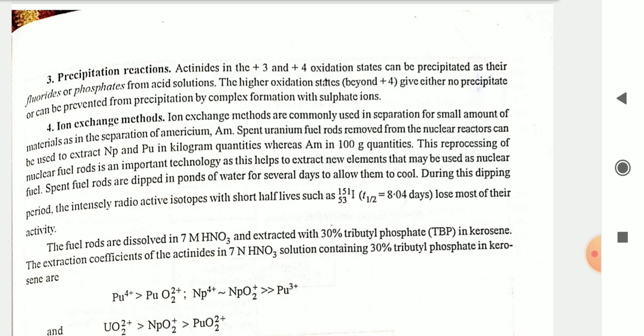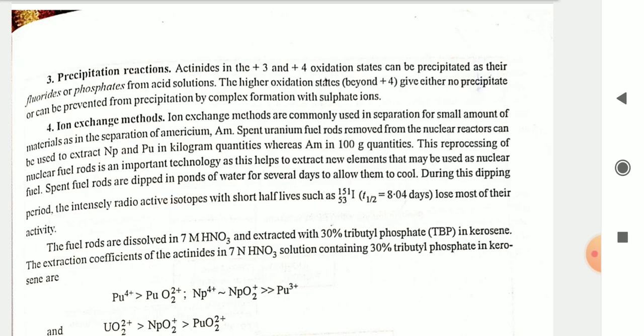Spent uranium fuel rods removed from the nuclear reactor can be used to extract Np and Pu in kilogram quantities, whereas Am in 100 gram quantities. This reprocessing of nuclear fuel rods is an important technology, as it helps to extract new elements that may be used as nuclear fuel.